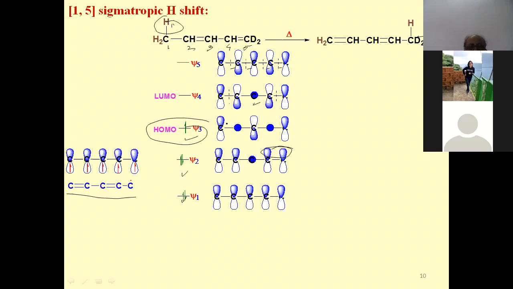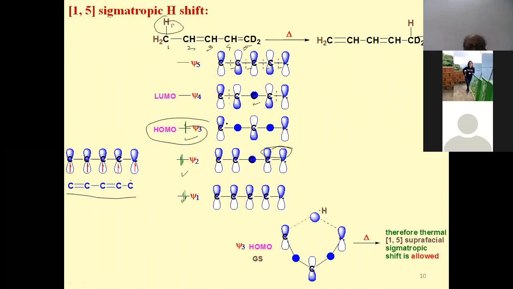This overlap is going to be with hydrogen. The hydrogen atom's orbital is in this phase, and the terminal phase of this one has the same phase. So an overlap is possible, so bonding is possible. Therefore the thermal 1,5 suprafacial sigmatropic shift is allowed. So that is what we get from here.